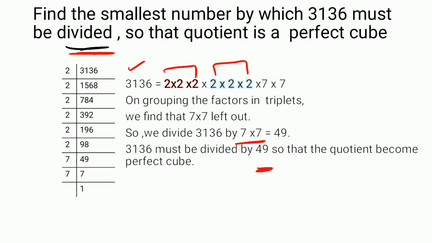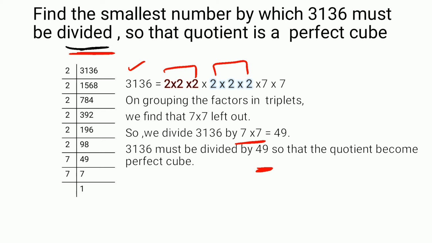Okay, students, now 3136 must be divided by 49 so that the quotient becomes a perfect cube. Whenever any factors are left without grouping, you have to multiply all those factors and divide by them.